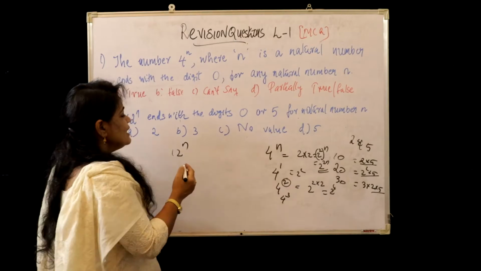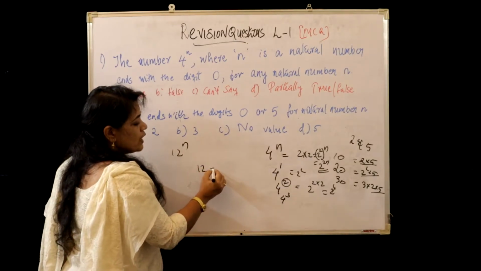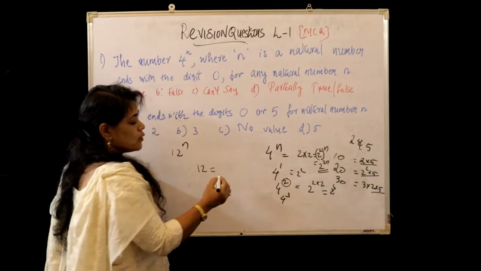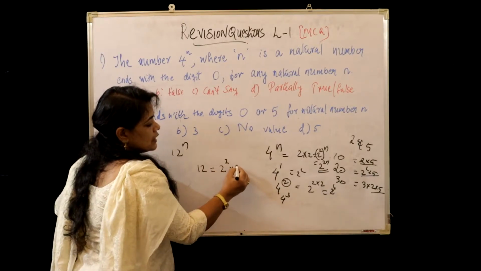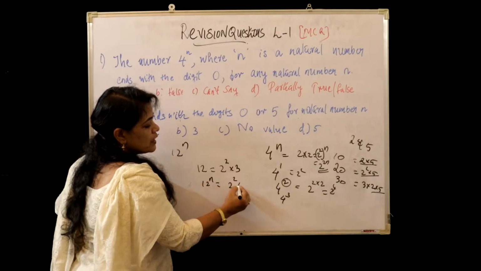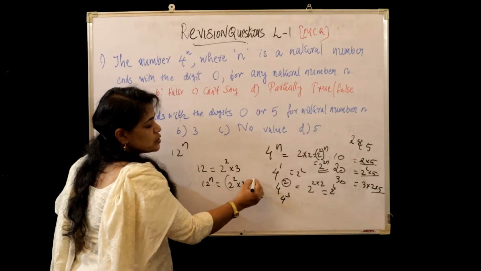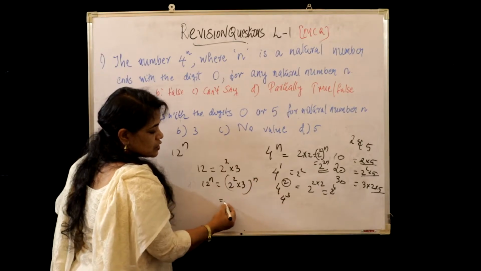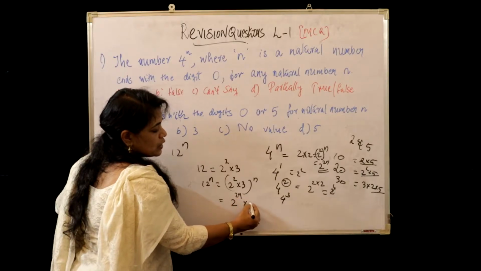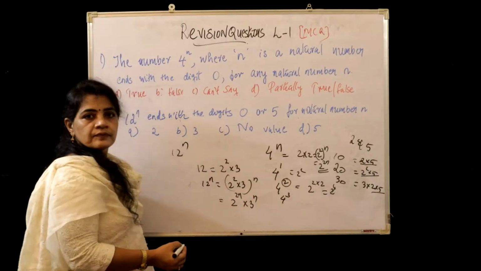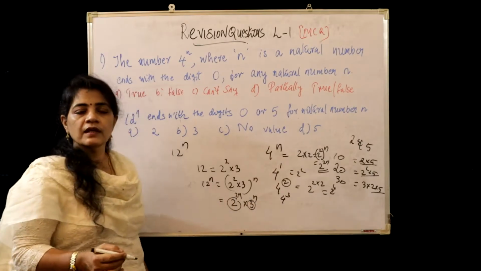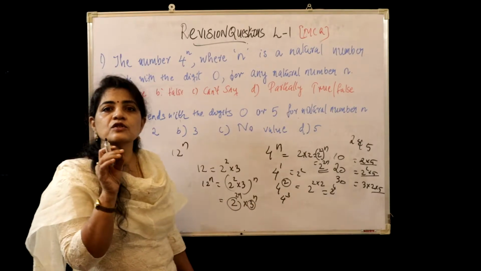That means in the prime factorization of 12, you can see that 4 into 3, that is 2 square into 3. So 12 raised to n means 2 square into 3 whole raised to n. You can distribute this n to both the factors: 2 raised to 2n into 3 raised to n. The primes needed are 2 and 5, but here also the prime factor 5 is not there.